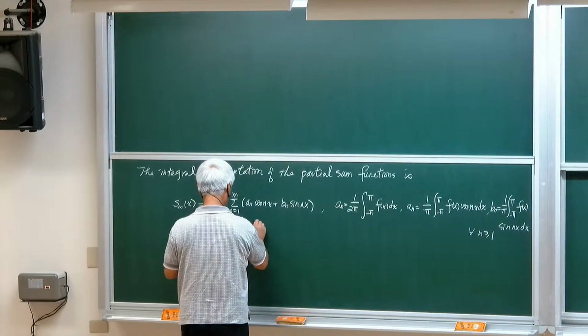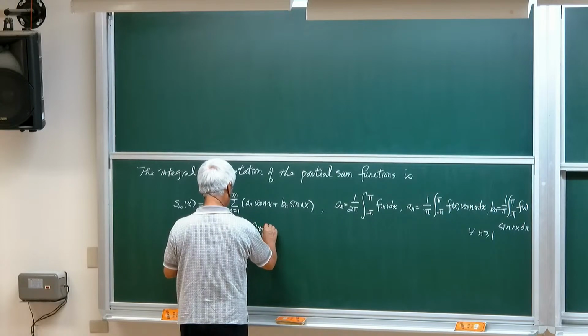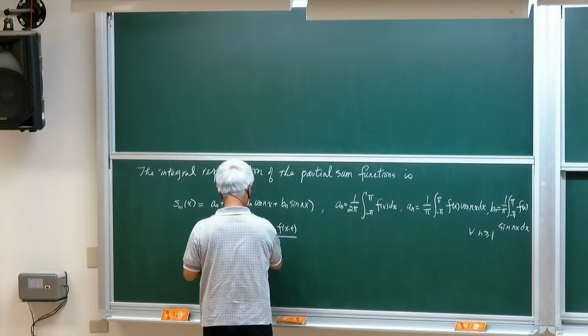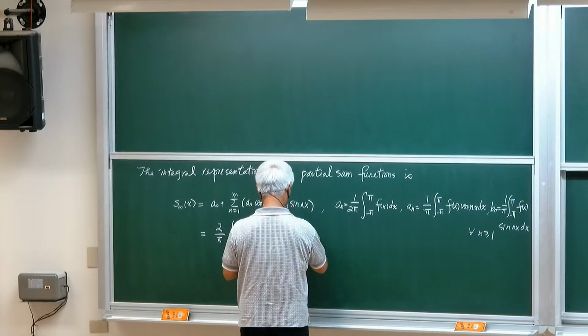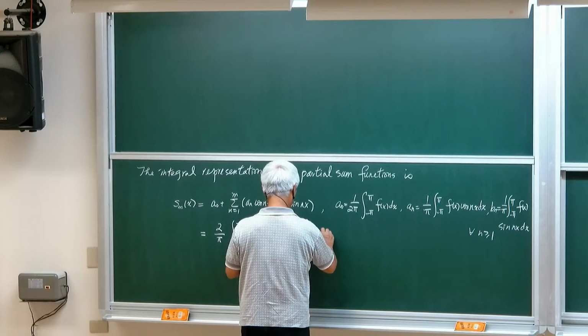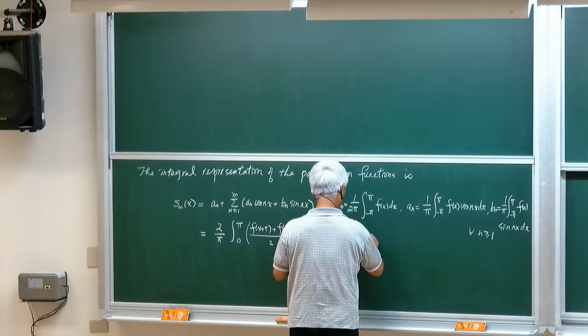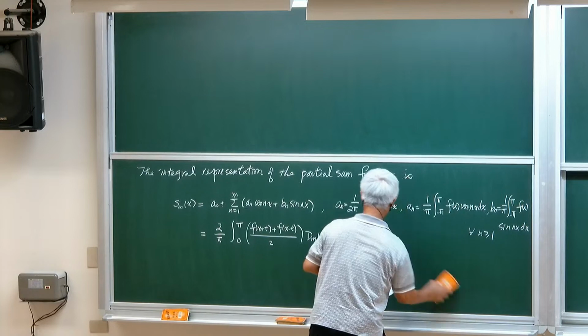Okay, and f of x plus t plus f of x minus t divided by 2, the D_n(t) dt, and D_n(t) is the Dirichlet kernel.